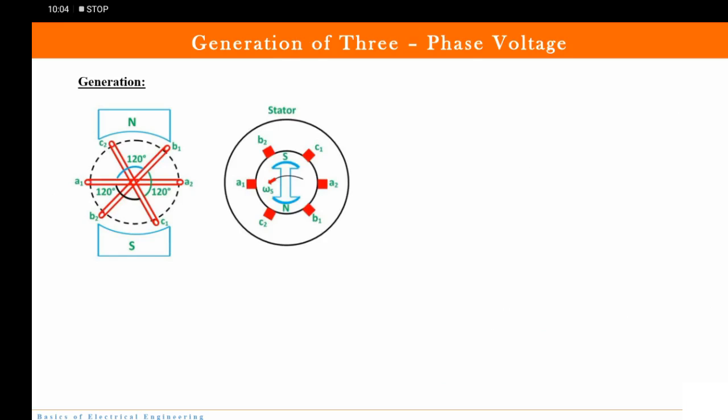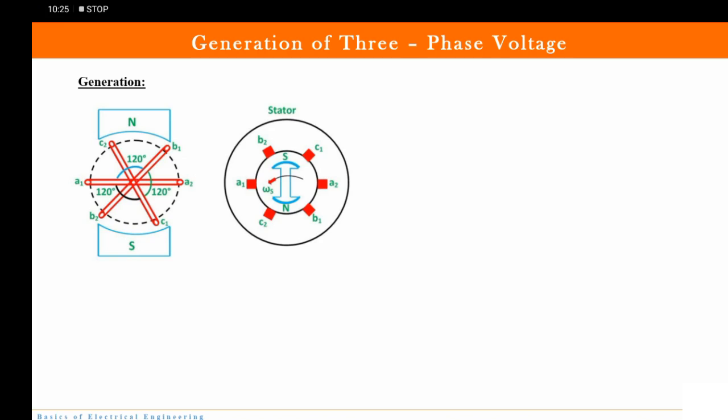Now how are they generated? We have already discussed this, that we have a stator. In between you have a rotor, and the magnetic field is shown such that the north pole is downwards and the south pole is at the upper side.